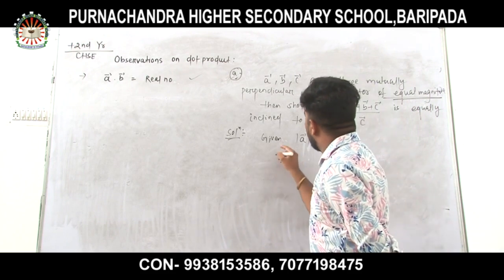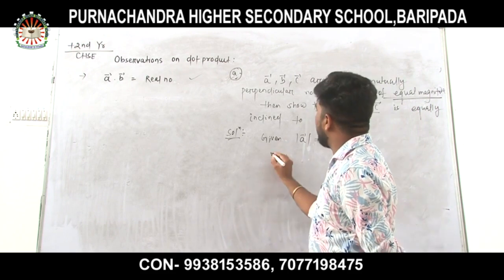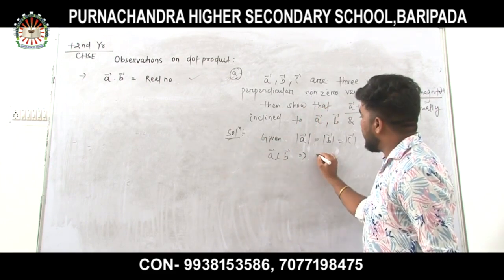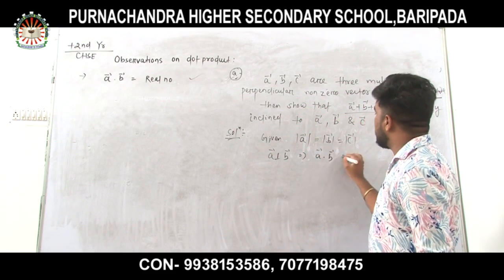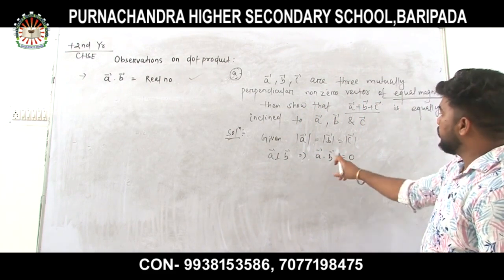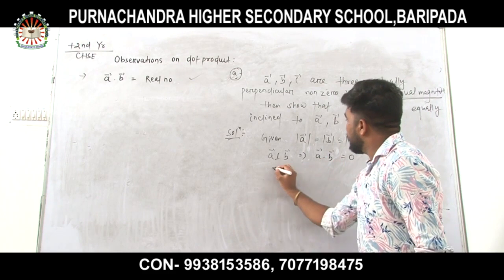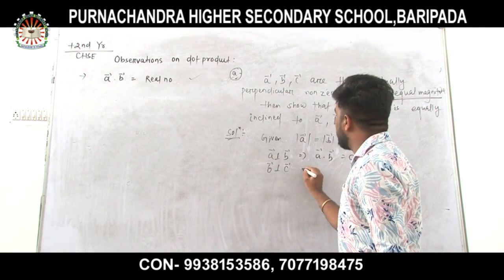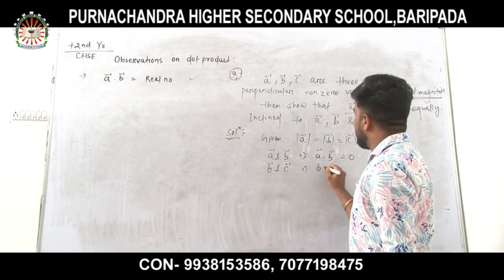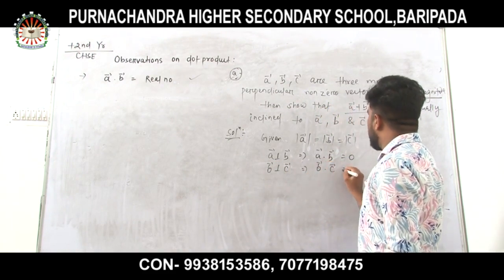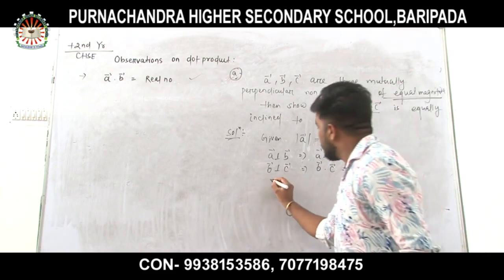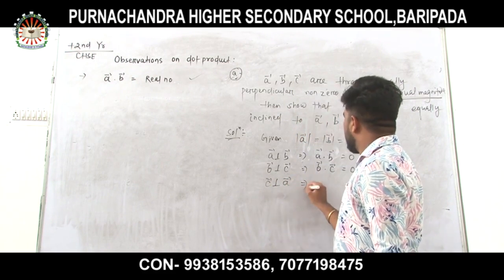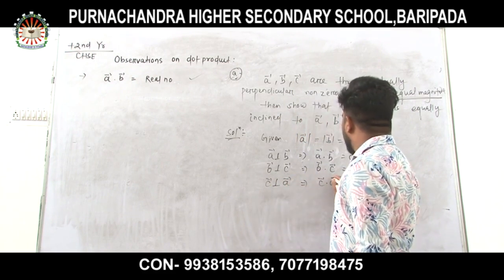Then indirectly what is given? A perpendicular to B vector, that means A dot B is 0. B perpendicular to C vector, that means B dot C is equal to 0, and C perpendicular to A vector, C dot A is also 0.